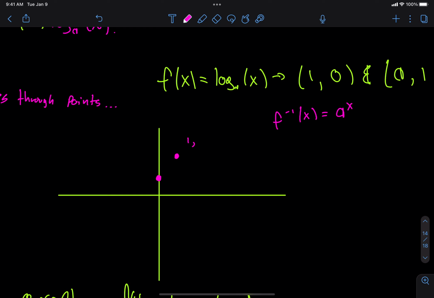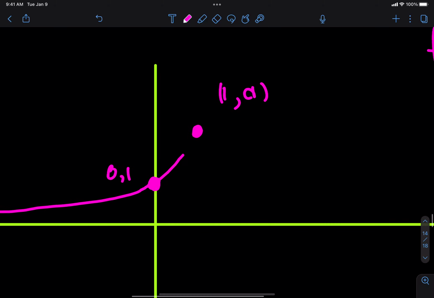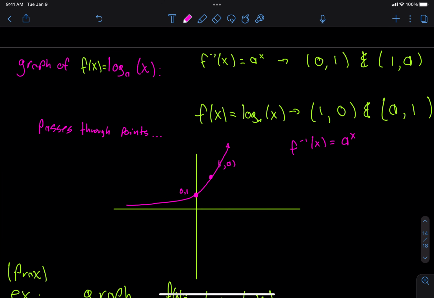So this is 1, a, and this is 0, 1. So what does the exponential function look like? It looks something like this. Yes? Something like that. Okay, that is what the inverse function looks like.